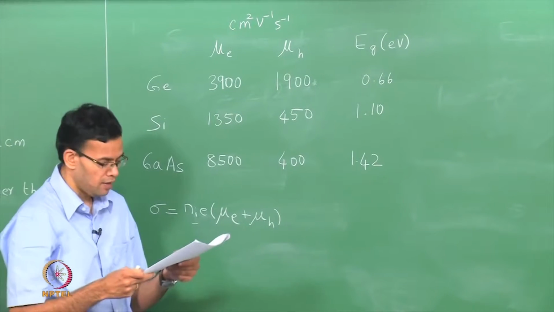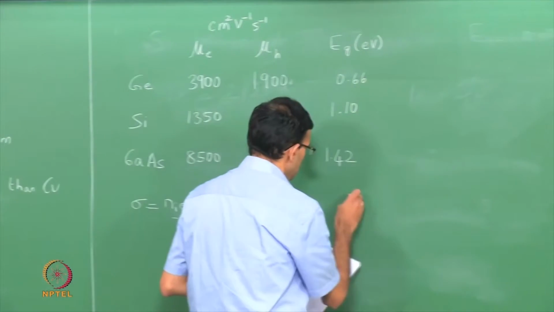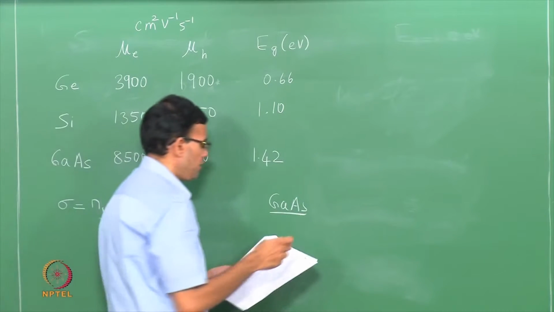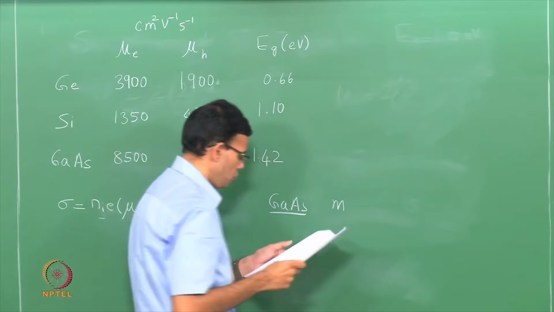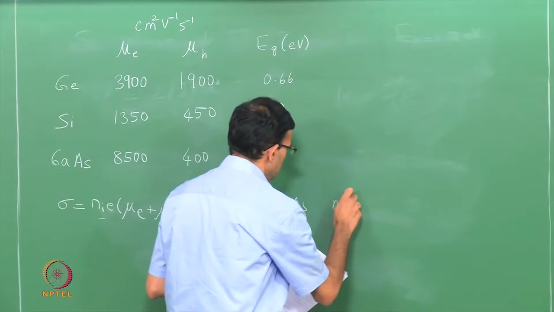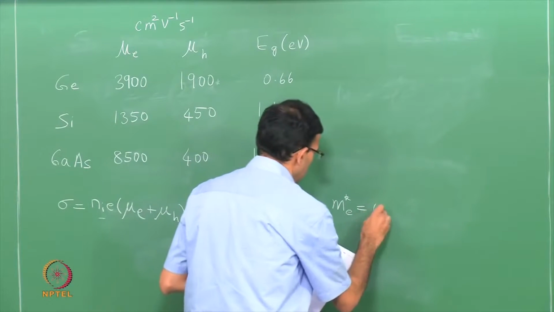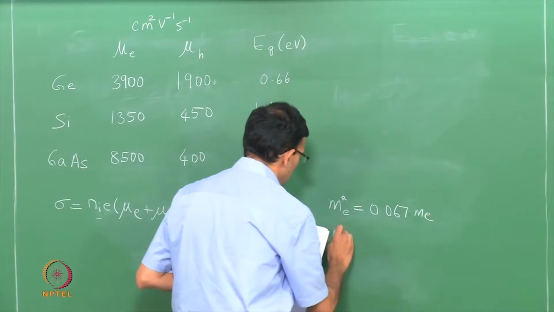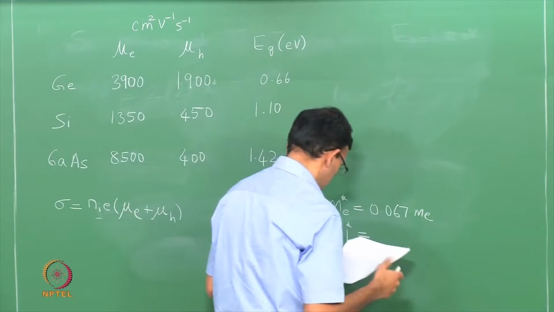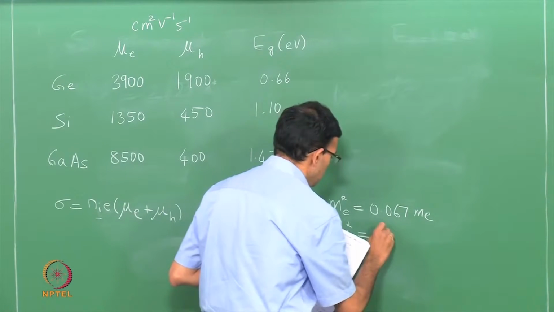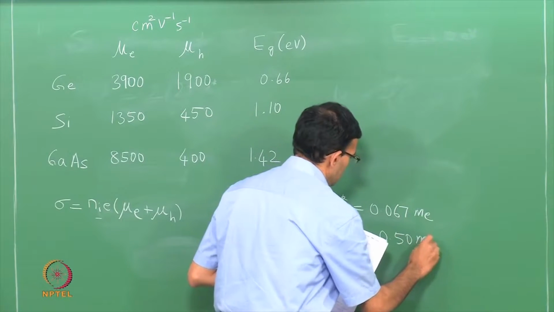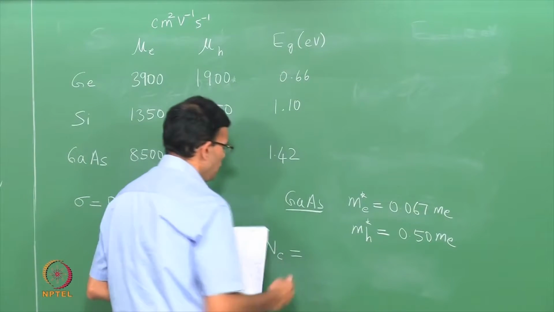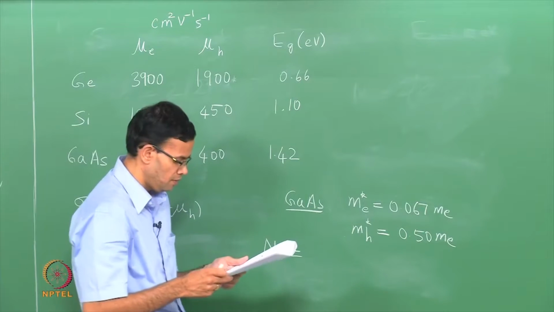So, let us just do the math for gallium arsenide. Once again, we need the effective masses of the electrons and holes. So, Me star for gallium arsenide is 0.067 Me, Mh star is 0.50 Me. So, now you can calculate Nc using the same equation that we used for silicon.